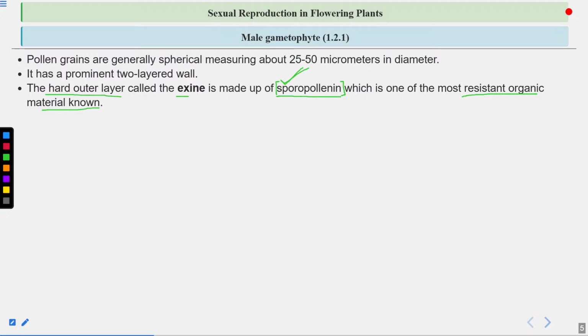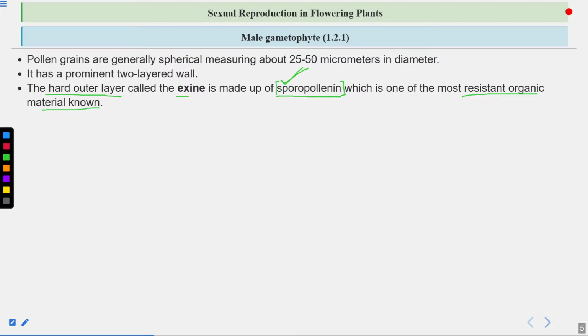Though it is not mentioned in your NCERT book, you should know whether it is made up of carbohydrate, protein, or fats. What are the things that make this sporopollenin?